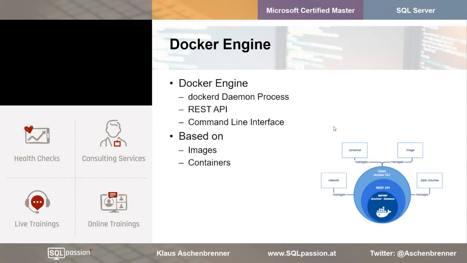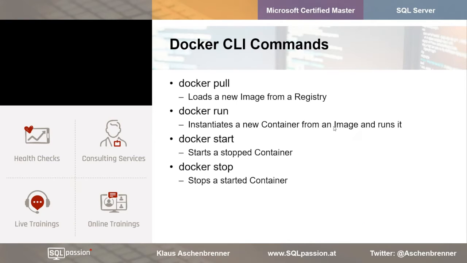As I've said previously, just think about a Docker image as an ISO image of some software that you want to install, and the Docker container is finally the installed, the instantiated image. And inside the Docker container, you have one application up and running. And in our case, this is just SQL Server.